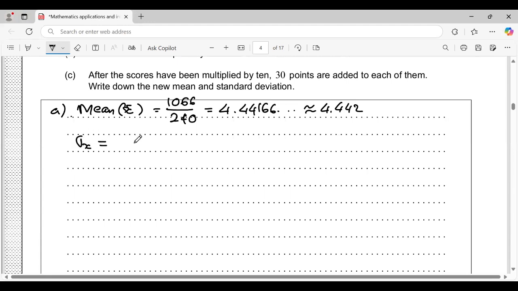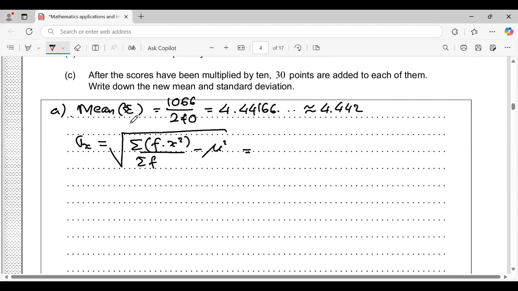And after that, the standard deviation of x equals the square root. The formula is sigma fx squared divided by sigma f, minus mu squared.